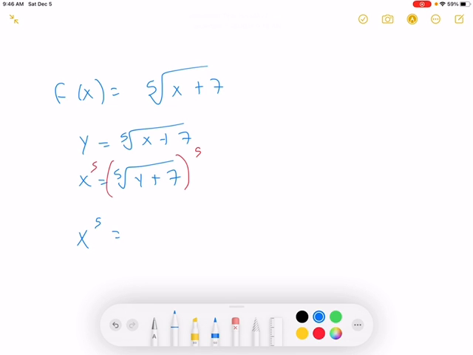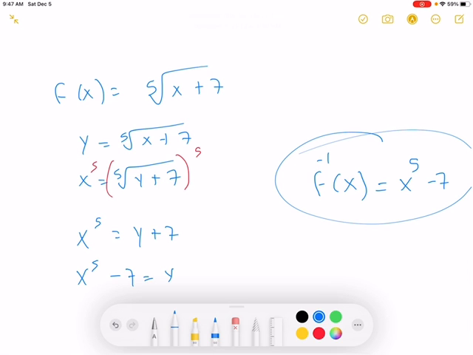The fifth power gets rid of the root. And then move the 7 over. And that's my inverse. All you have to do is write it appropriately. This symbol right here means it's an inverse. We found the inverse.